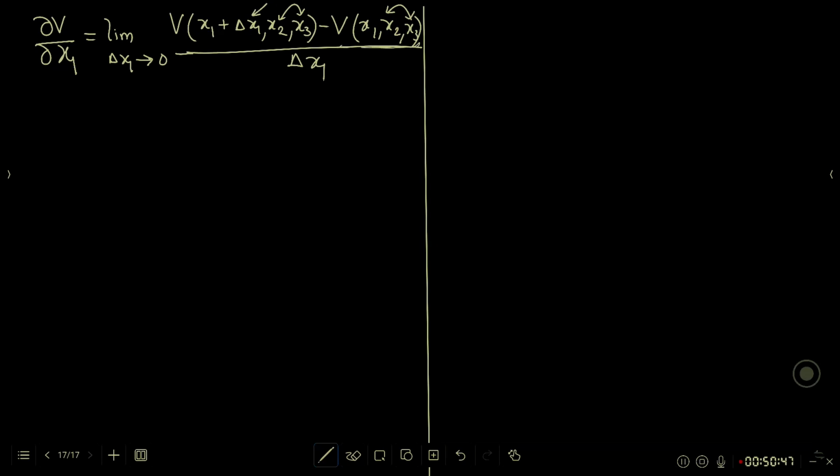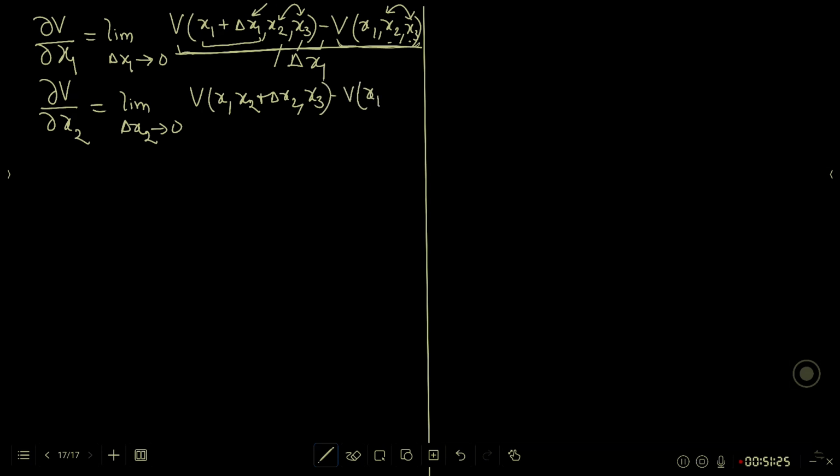And del V del x2 will similarly mean the corresponding thing for x2, and so on. That's the meaning of the three symbols that are appearing here.